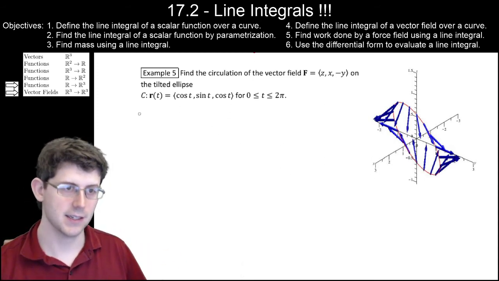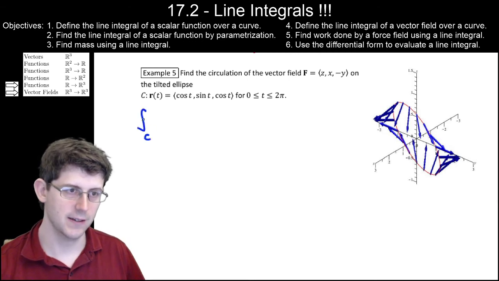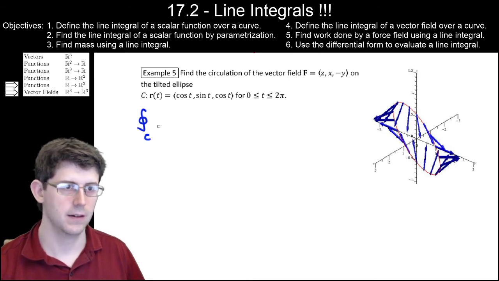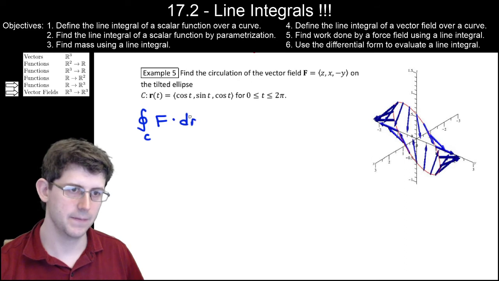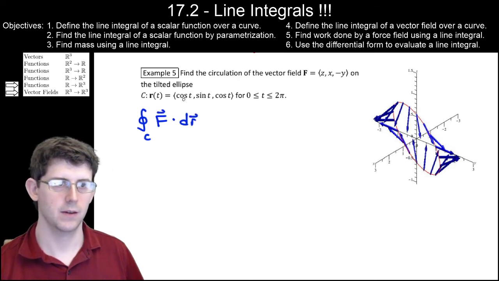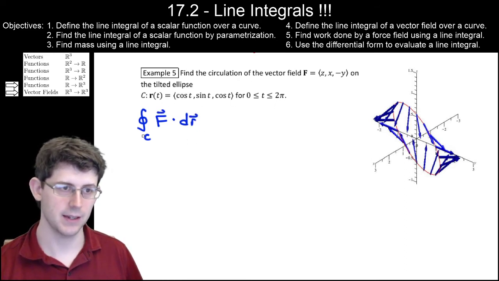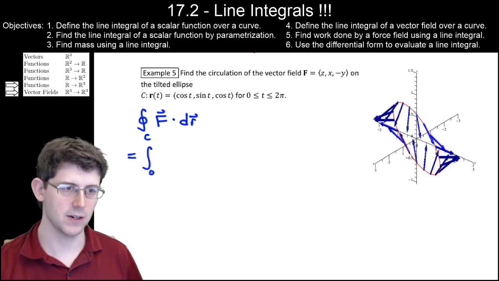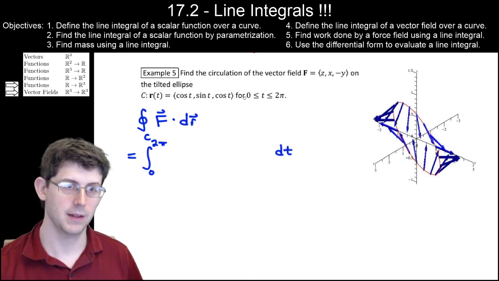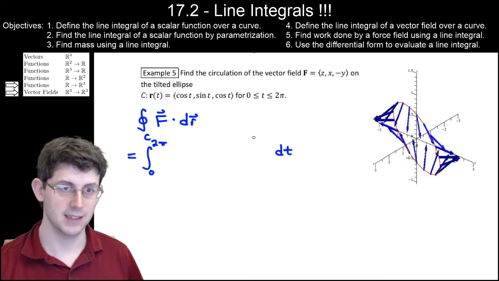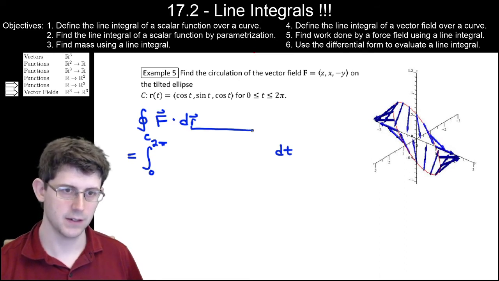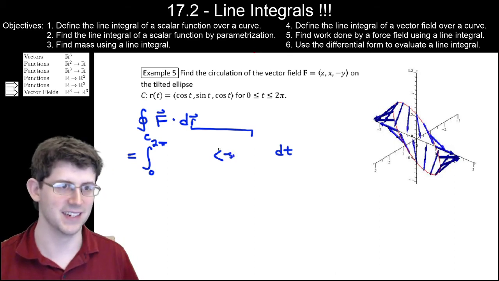The answer is just do this line integral, f dot dr. We have the parametrization set up, so we can use it. t goes from 0 to 2 pi. I'm going to get everything in terms of t. dr is all these derivatives dt. So here's dr. I have not left nearly enough space.